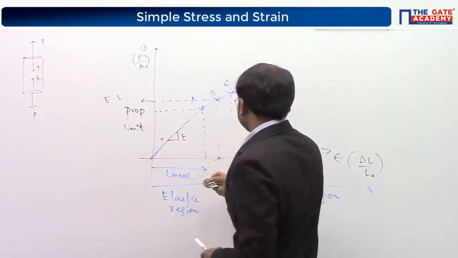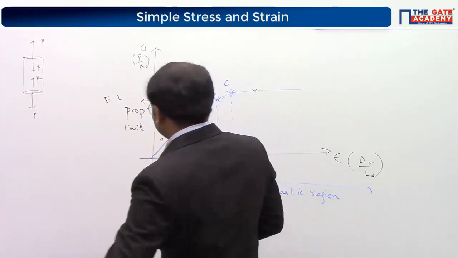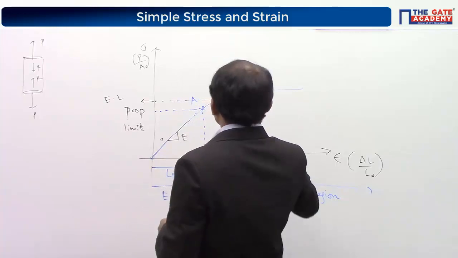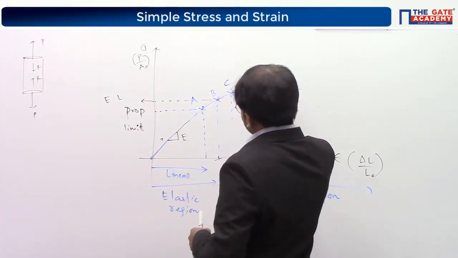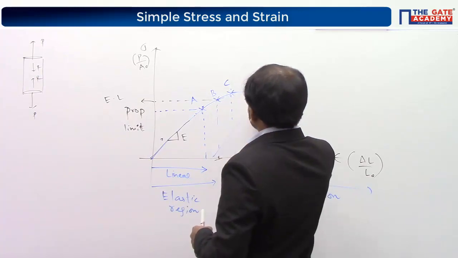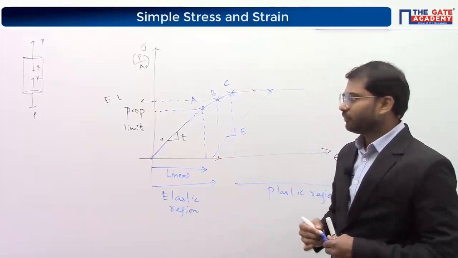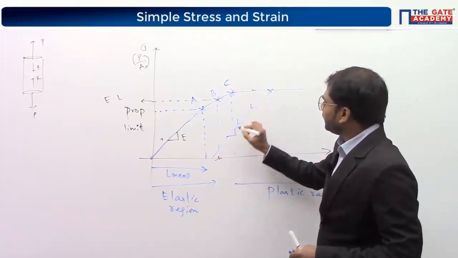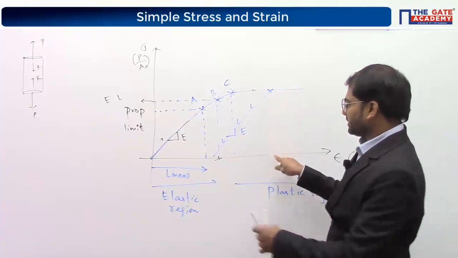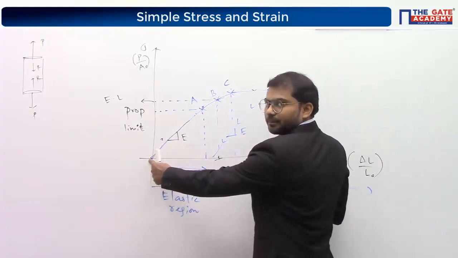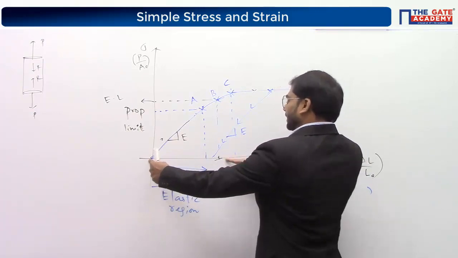So I'm redrawing the diagram again here. If I release from any point after C, it will take a path like this, where the slope is equal to Young's modulus. Understand? Clear? When you're releasing from this point, this amount of strain was there, but from this amount of strain, this amount got recovered.